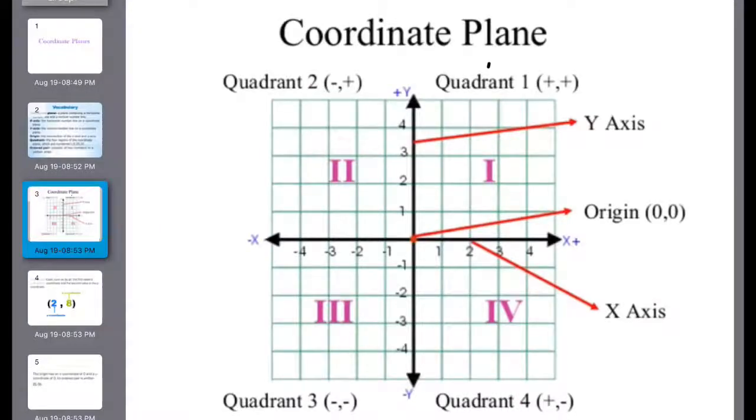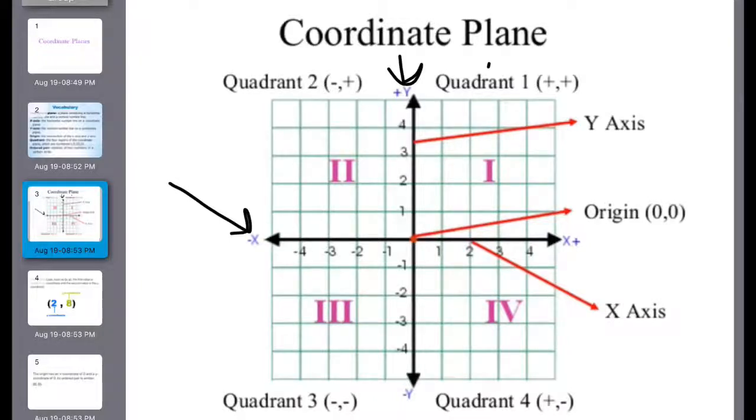So this is a picture of a coordinate plane. A coordinate plane is made from two number lines that cross at the point 0. So you have a horizontal number line and you have a vertical number line.